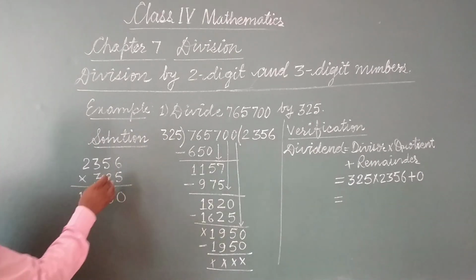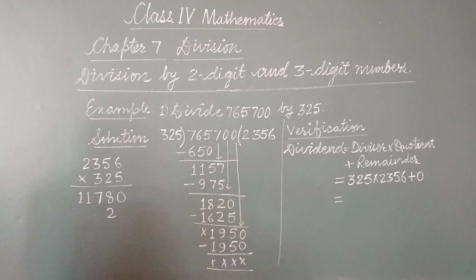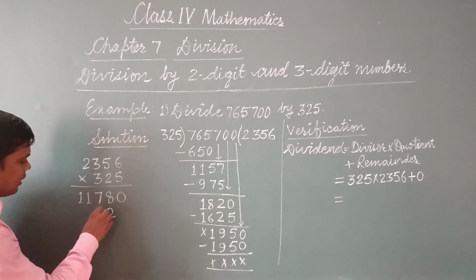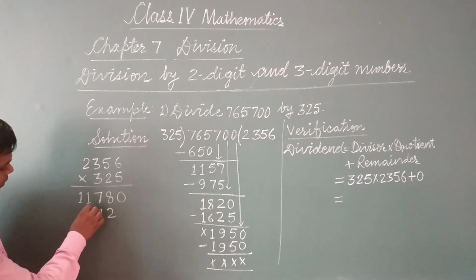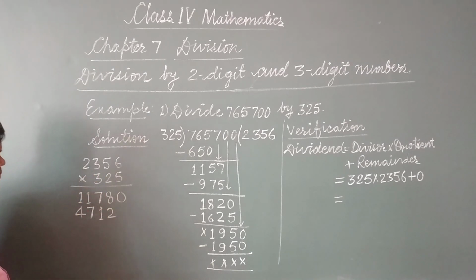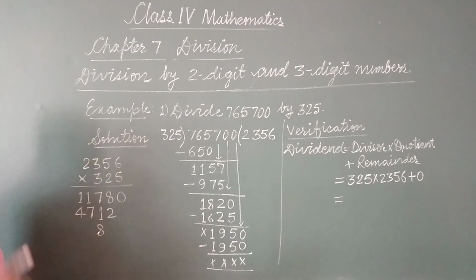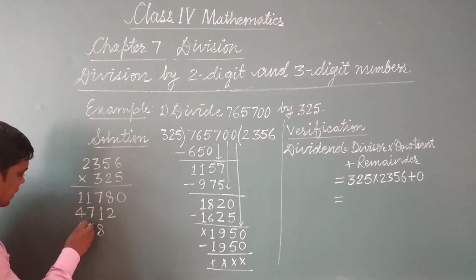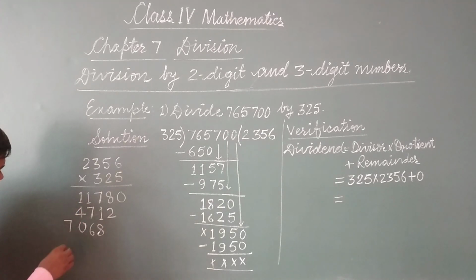Then multiplying by 2: 6 twos are 12, 2 here, carry 1. 5 twos are 10 and 1, 11, 1 carry 1. 3 twos are 6 and 1, 7, and 2 twos are 4. Then multiplying by 3: 6 threes are 18, carry 1. 5 threes are 15 and 1, 16, carry 1. 3 threes are 9 and 1, 10, 0 carry 1, and 2 threes are 6 and 1, 7.